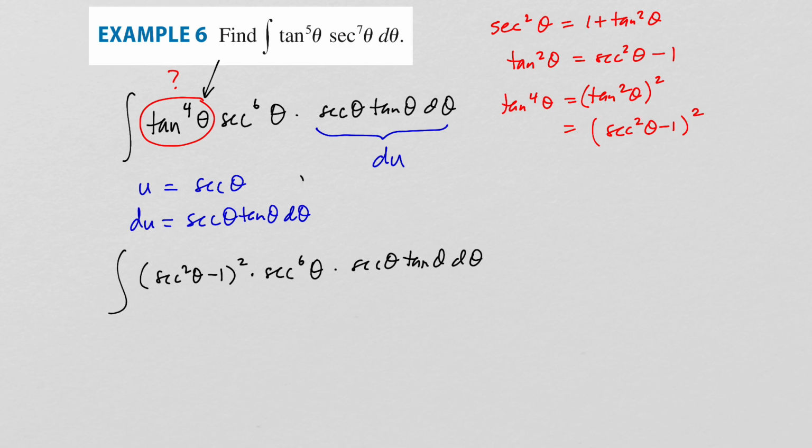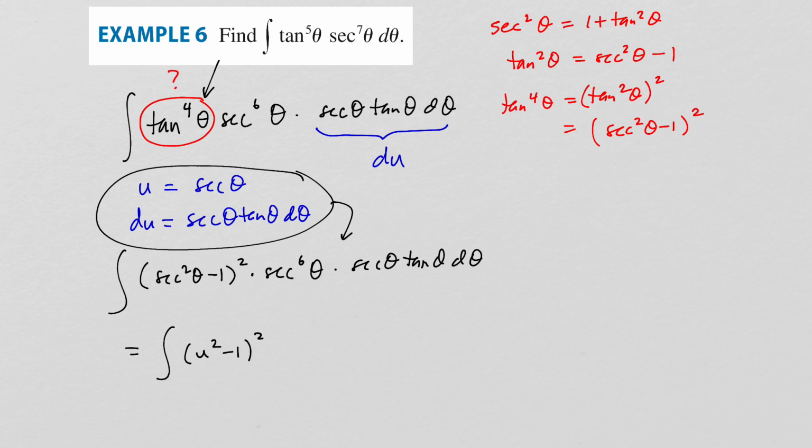So now we're going to apply our substitution. So when we put this in here, this becomes the integral of u squared minus 1 squared times u to the 6th times du. And then we just have to be patient and multiply everything out.